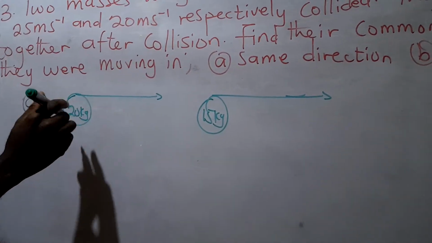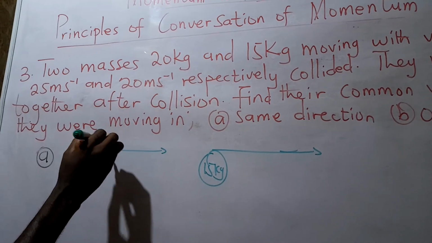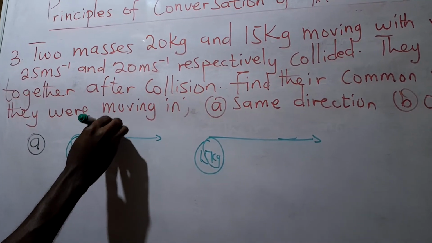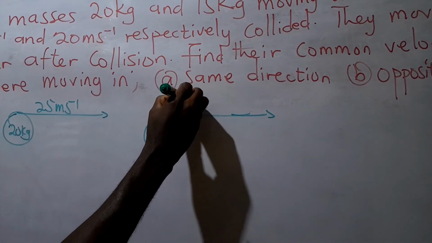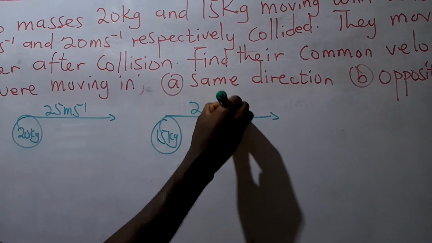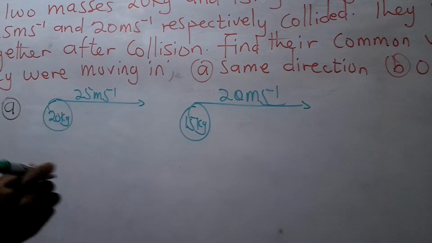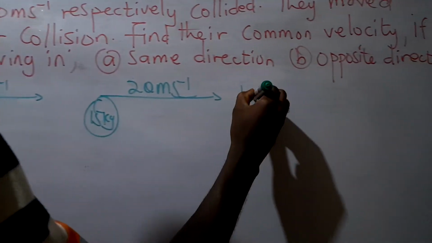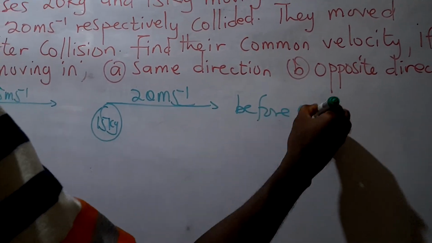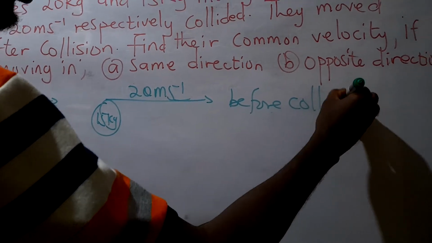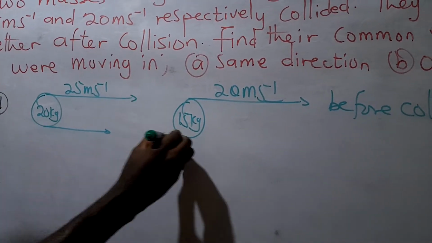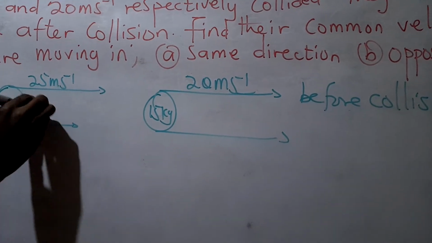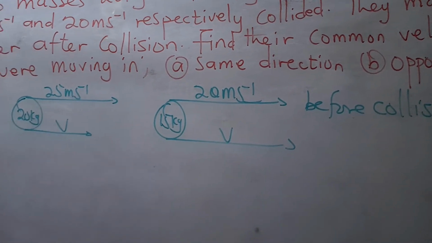This body was moving at a speed of 25 meters per second, and this one at a speed of 20 meters per second. So this is before collision. Now they move together after collision with a common velocity. So the velocity will just be v.